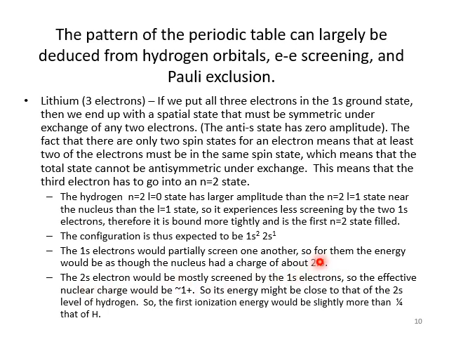That's very rough, but it's not unreasonable to guess that. And the 2s electron would be mostly screened by the 1s electrons, so the effective nuclear charge would be about 1. The energy of the 2s electron would be pretty close to the 2s level of hydrogen. So the first ionization energy would be around a quarter of that for hydrogen, maybe 3 electron volts. Not that far off from what we actually see for lithium.